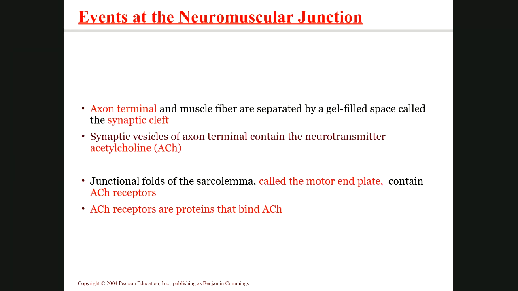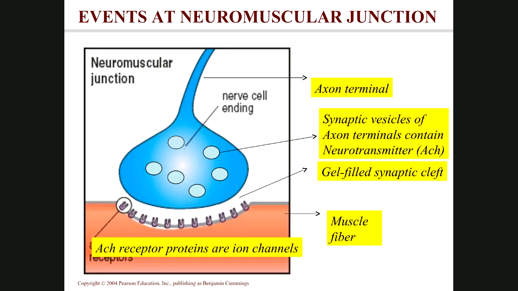Okay. So again, this is a depiction of the neuromuscular junction. These right here will be the cell membrane of the muscle cell. This is the end axon of the somatic motor neuron, and the circles that you see inside are vesicles filled with neurotransmitter.